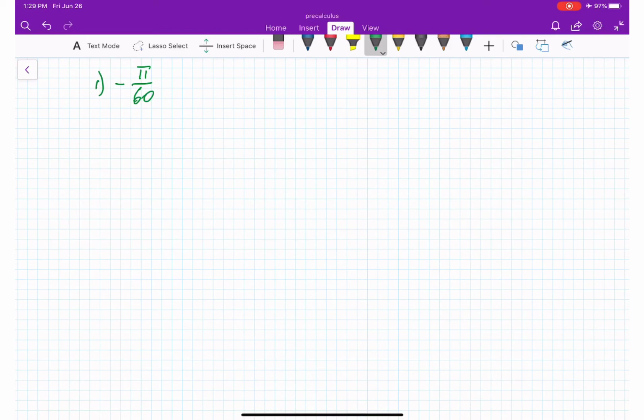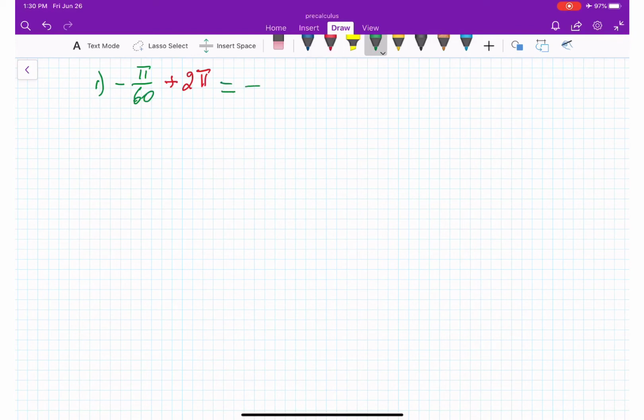For a positive angle expressed in radians, we subtract 2 pi, or some number times 2 pi. Okay, so negative pi over 60. Since we have negative pi over 60, we are adding 2 pi, which we know is 360. Adding 2 pi. So let's do the math portion.